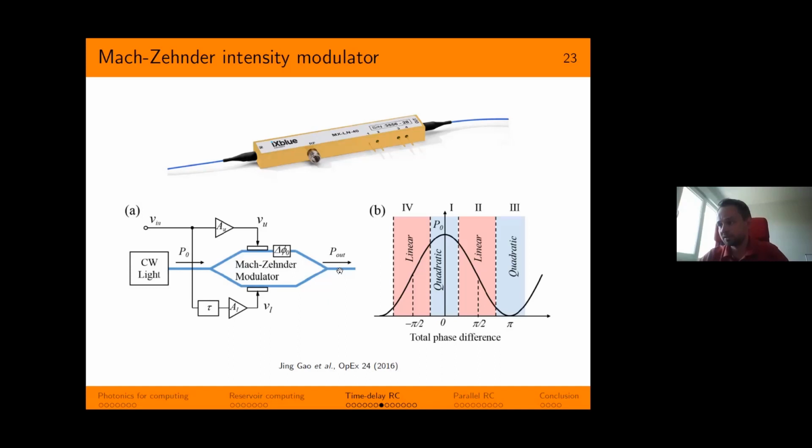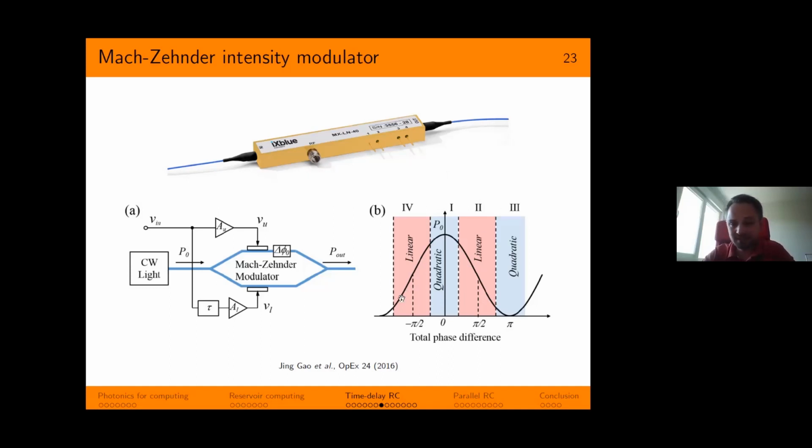of the Mach-Zehnder. The key notion for reservoir computing in this case is that the transfer function from voltage applied to the RF port to optical amplitude is not linear, it's sinusoidal in the case of the Mach-Zehnder modulator, and it is illustrated on this graph.